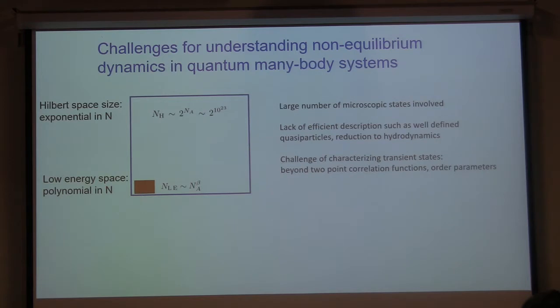When we talk about small fluctuations around the ground state, we have to look at a very tiny portion of the entire Hilbert space, which scales as just a polynomial of the system size. But when we look at very far out of equilibrium dynamics, generically we can excite any state in this Hilbert space, so we have to deal with an exponential number of states.